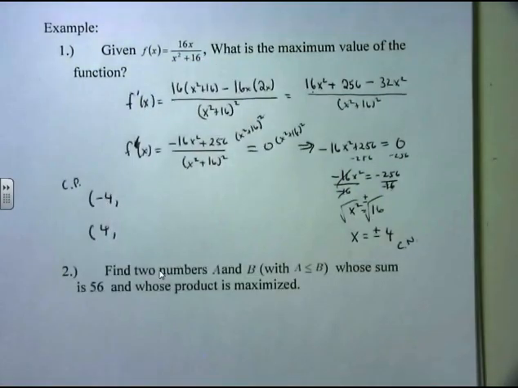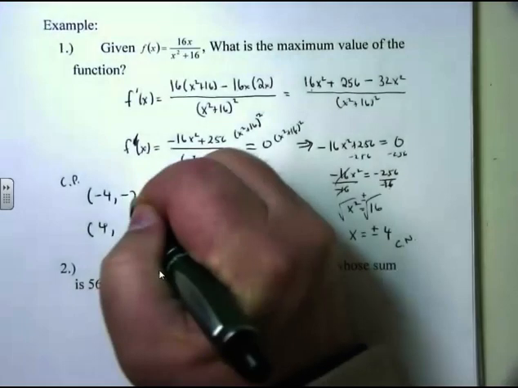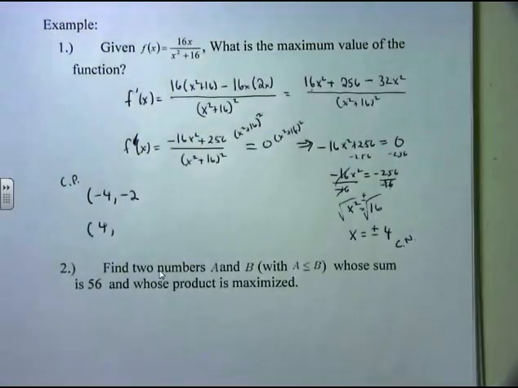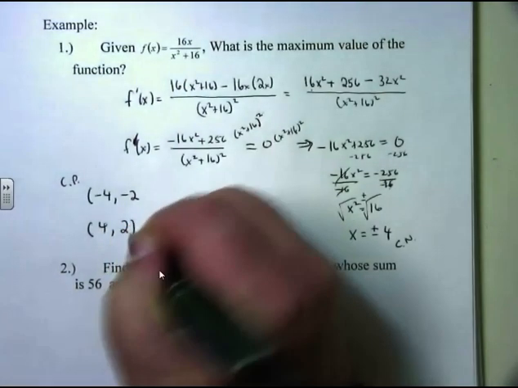So 16 times negative 4 divided by negative 4 squared plus 16. And just double check me on this one and make sure you get the same number I got. But when I plugged in negative 4, I got negative 2. And when I plugged in positive 4, I got positive 2.